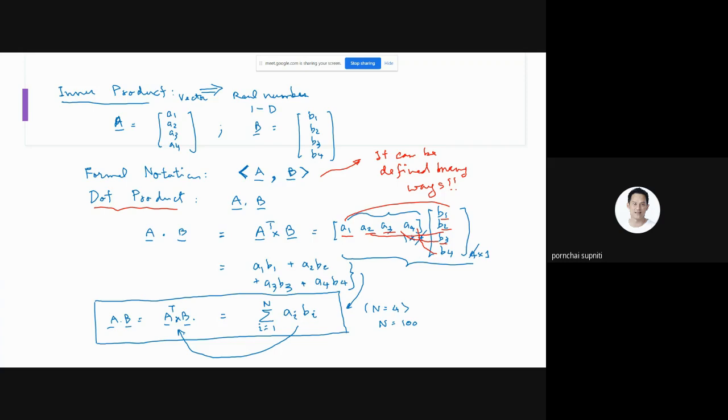Okay, so let's take a look at an example of this very simple dot product. Let's say we let A equal some vector. Can anyone give me some numbers just for fun? How about Thanat?